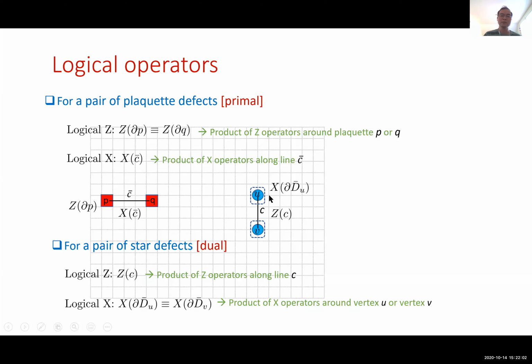And therefore the X along this loop is my logical X. So this X is equivalent to this X. So this one here is equivalent to the product of Z operators surrounding the plaquette.